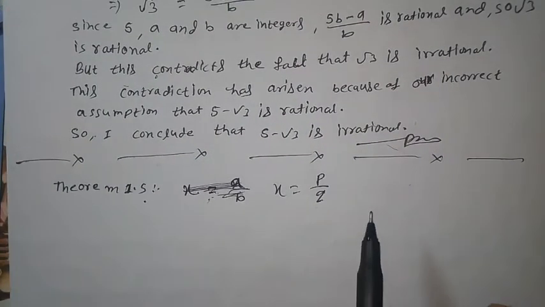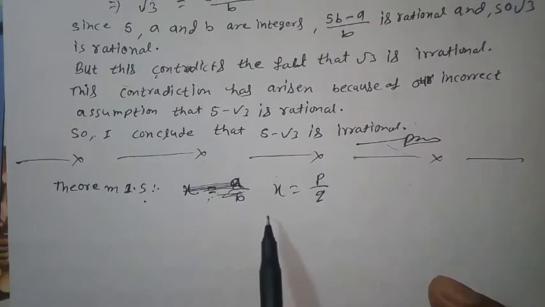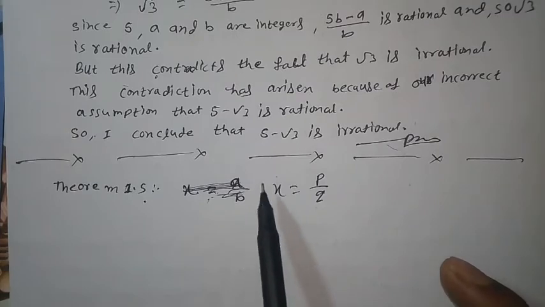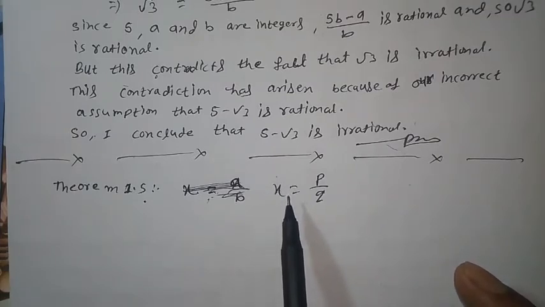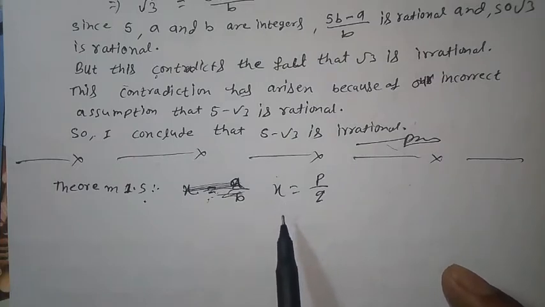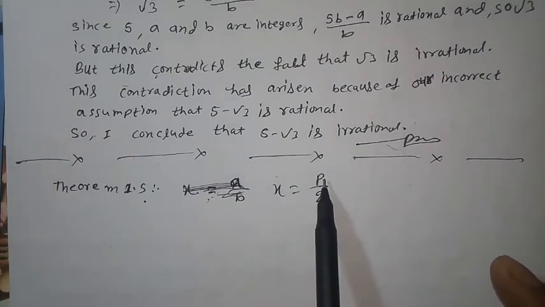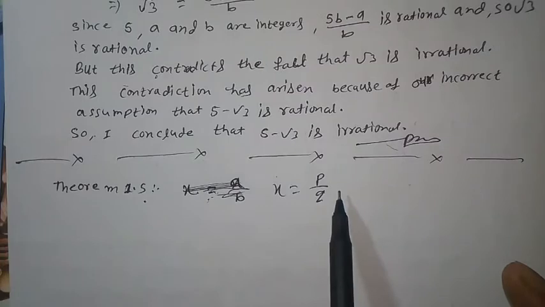So the decimal expression of x terminates, it means that when p is divided by q, I get remainder 0. Getting 0 is called terminates.